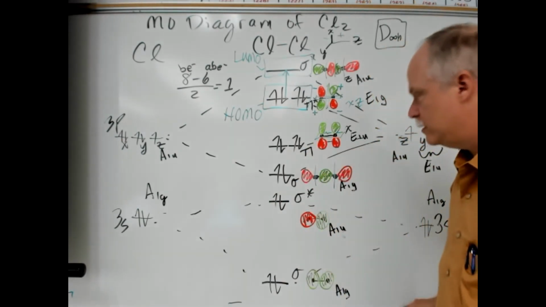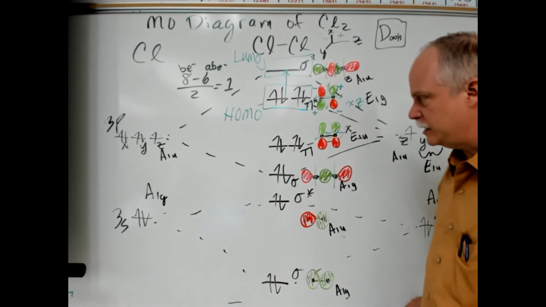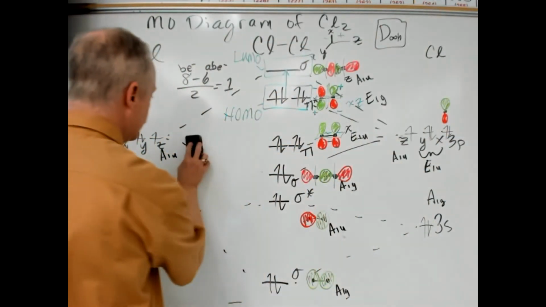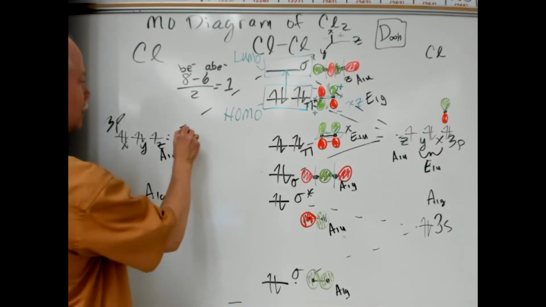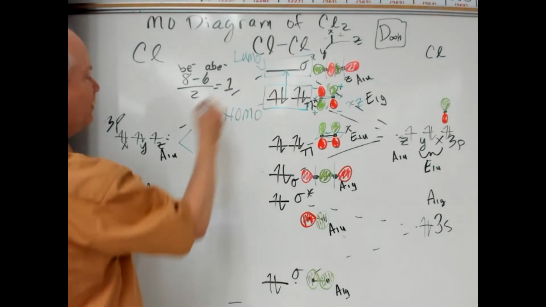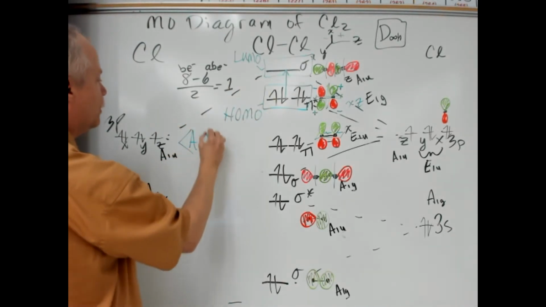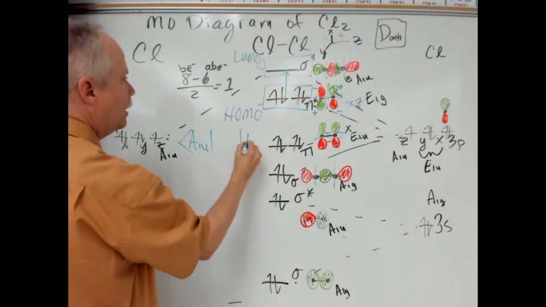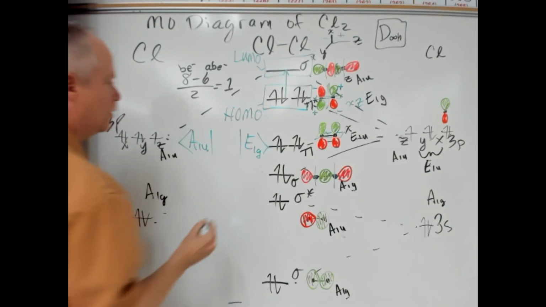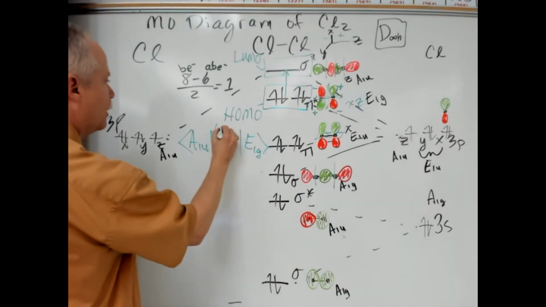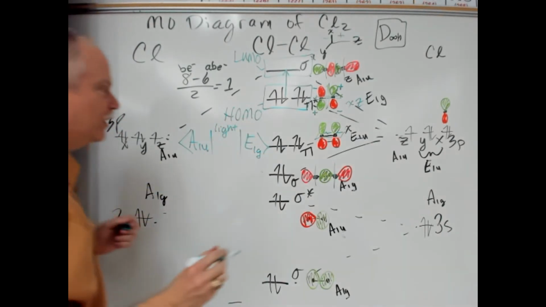Okay. So how would we set this up? Well, we would do the transition dipole moment. Where we have A1U and E1G, and light would go in the middle.